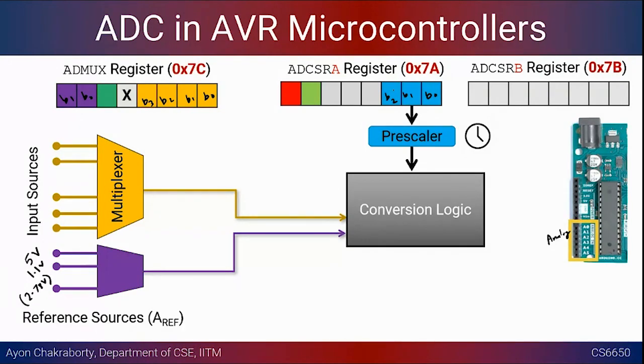Putting 111 doesn't mean that prescaler is 7. So 111 means there is a definite mapping. In this case, I guess 111 means 128. So you have to look at the manual to see how these 8 values are mapped to values of prescaler. The prescaler could be 2, 16, 64, things like that, right? I think in powers of 2.